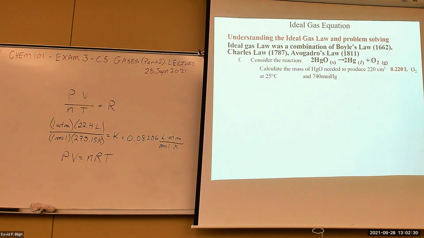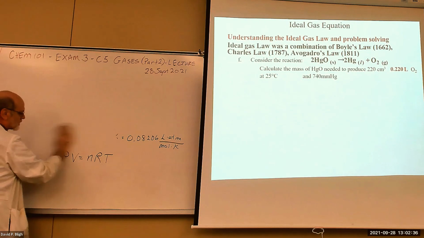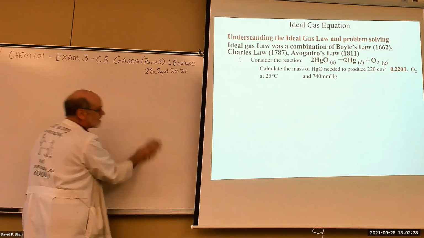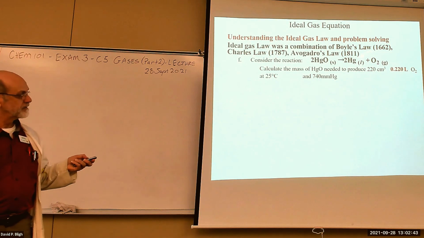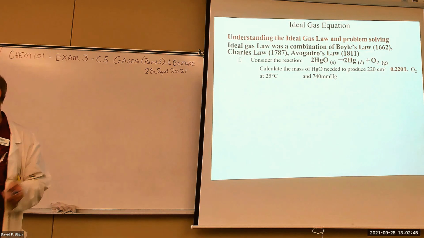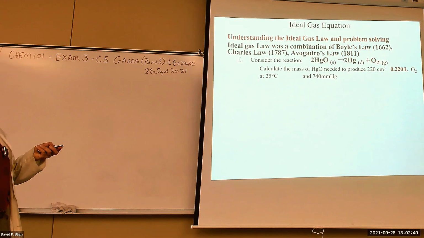In this case, we've got a reaction where mercury II oxide is heated and produces liquid mercury, a little shiny beady stuff, plus oxygen gas.